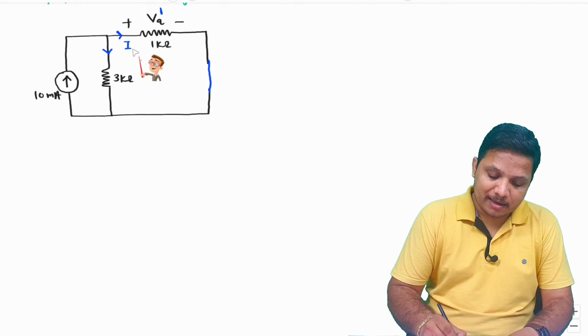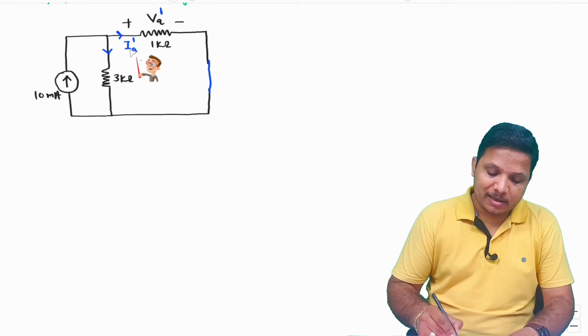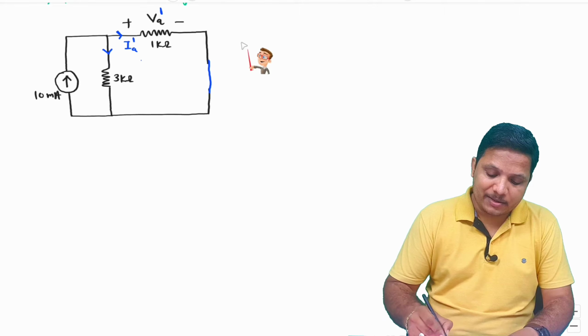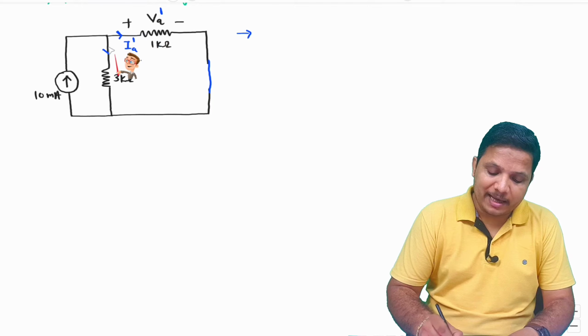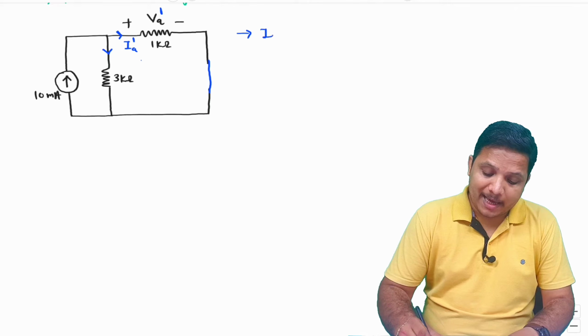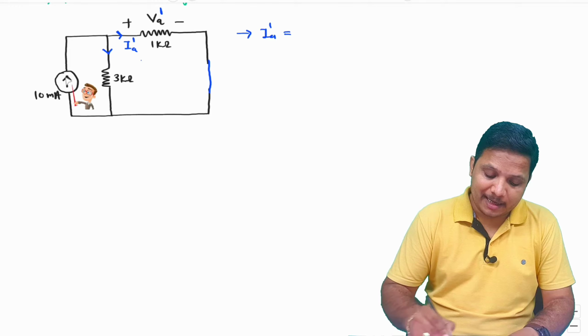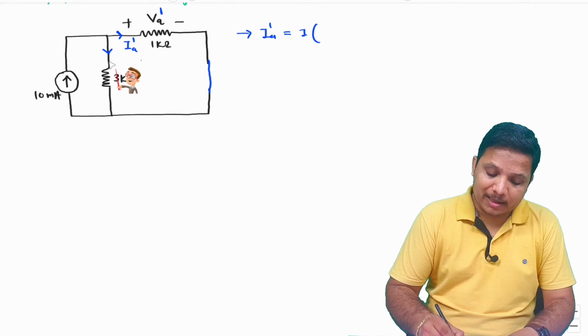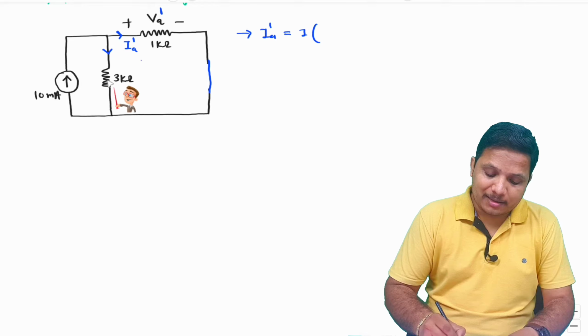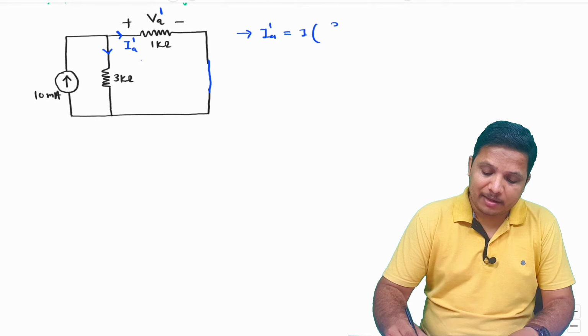Now if I say the current across this resistor is IA dash, then what is the value of IA dash? That will be as per the current dividing rule. So IA dash is the total current into the other resistor, right? When you want to find the current IA dash, the other resistance has to be in the numerator.